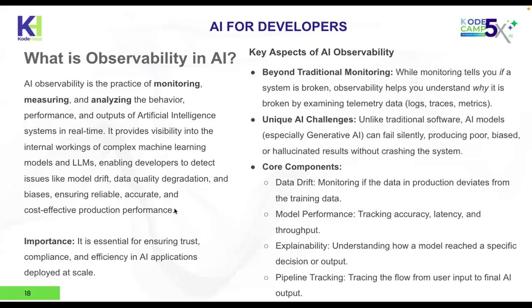So some of the key aspects of AI observability is that it goes beyond the traditional monitoring that we are doing, right? Monitoring tells you if a system is broken, but observability tells you why it is broken by examining telemetry data. So observability goes beyond monitoring.